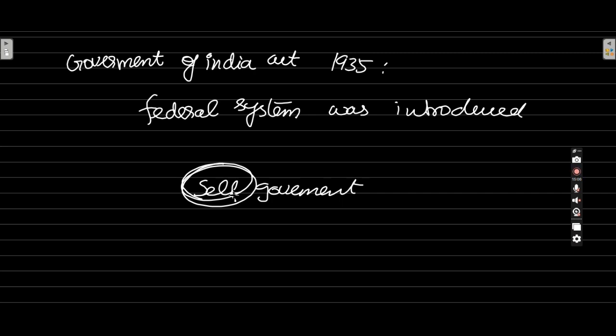So I hope this gives you a very clear understanding about the five different acts which were brought by the British government. The last two were the Government of India Act.